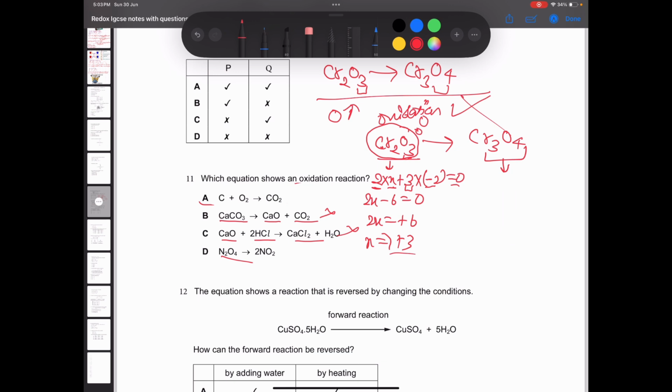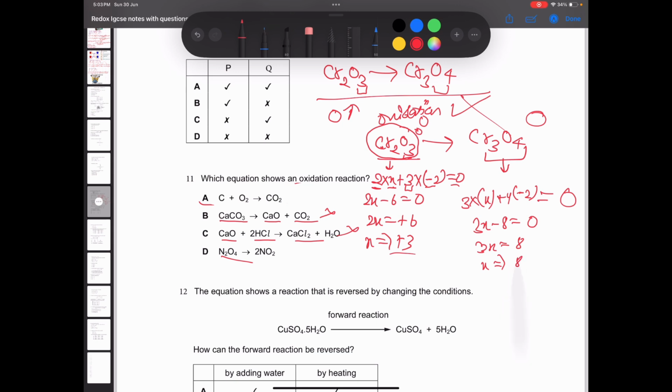Now Cr3O4. Again, it's a compound, so the total charge is 0. The sum should be equal to 0. How many chromium atoms do we have here? 3 chromium atoms, 3 times X. I'm taking single chromium as X. How many oxygen atoms do we have here? 4. What is the charge on a single oxygen atom? -2. So I can say 3X minus 8 is equal to 0. 3X is equal to 8.